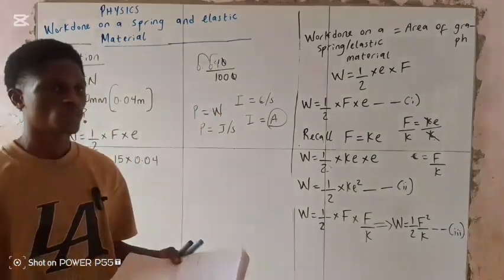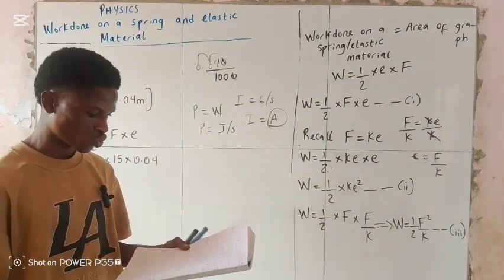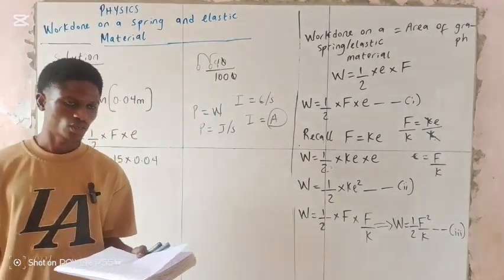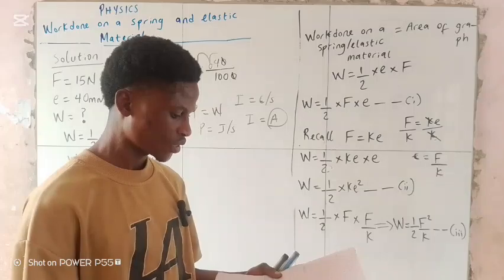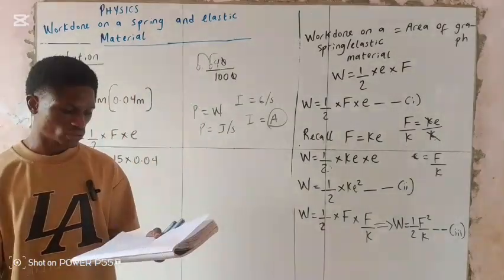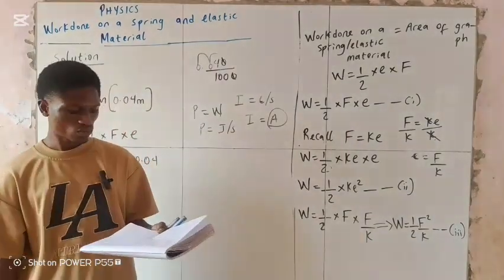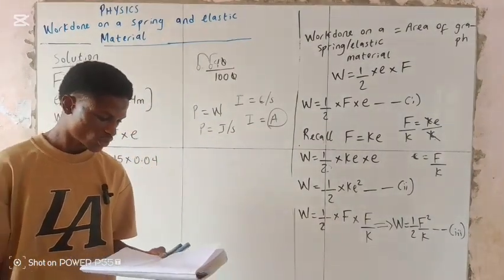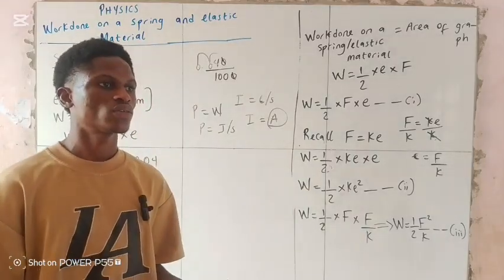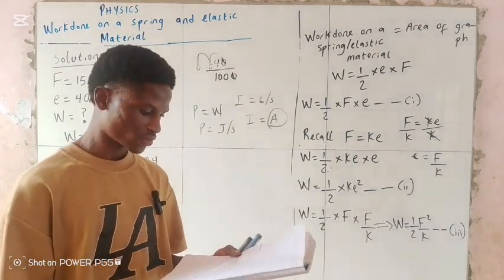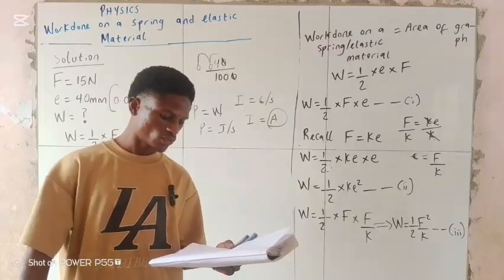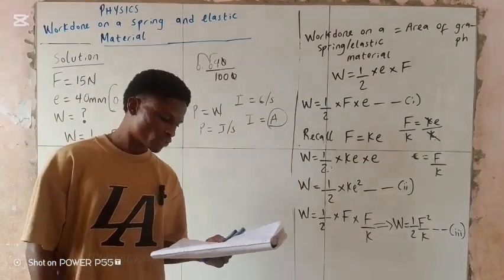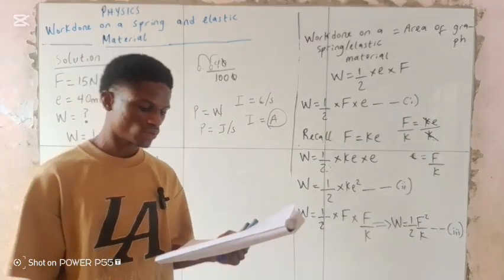A spiral spring is compressed by 0.02 meter.